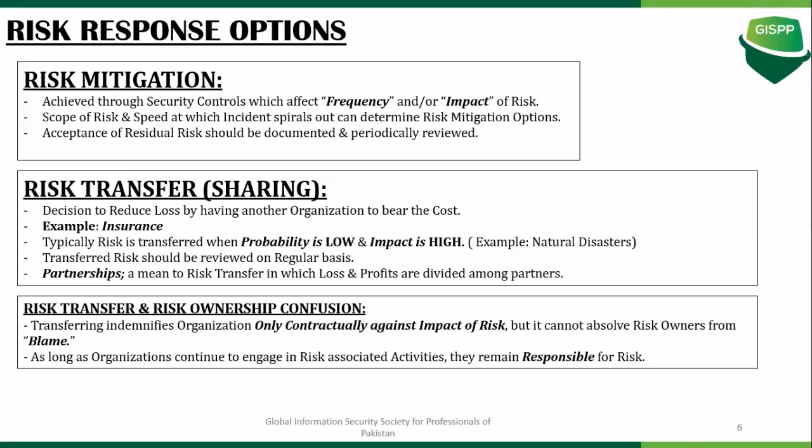So as long as I'm involved in any activity that can pose any kind of a risk, I continue to remain answerable for that risk. It's just that the insurance will guard me against the potential loss, maybe in monetary terms. But the blame still remains attached to the risk owner itself.